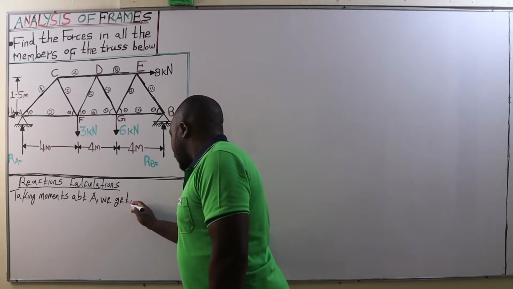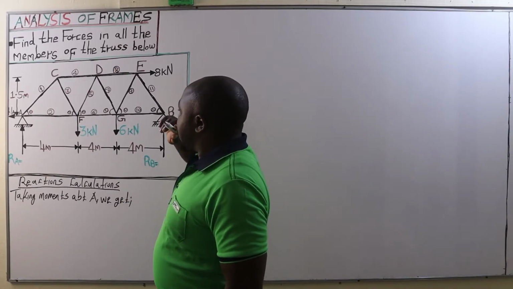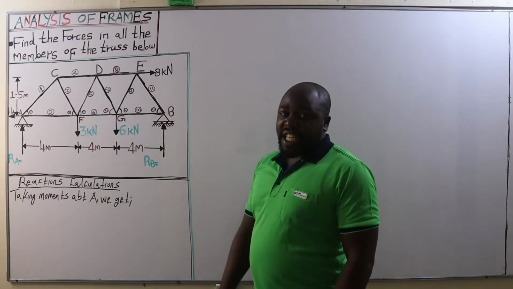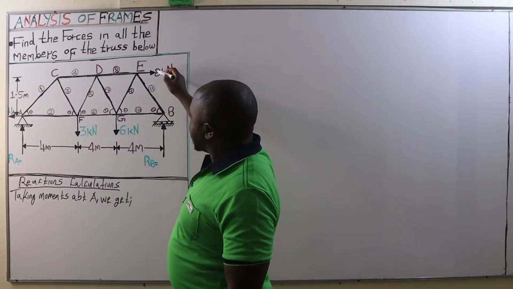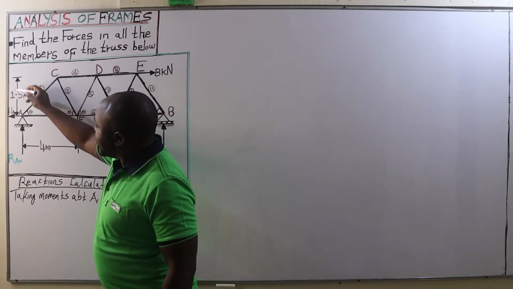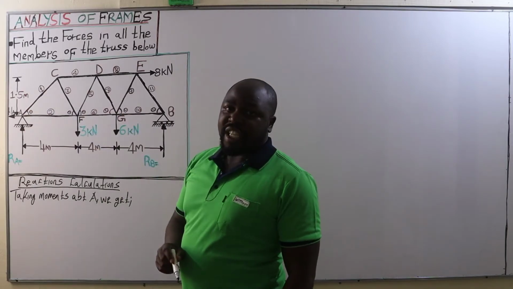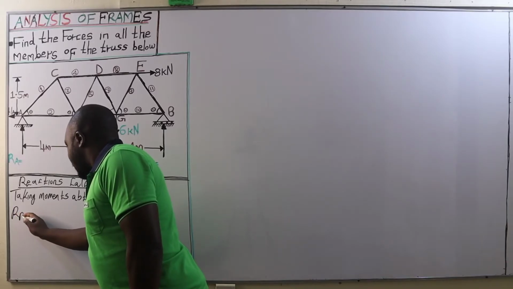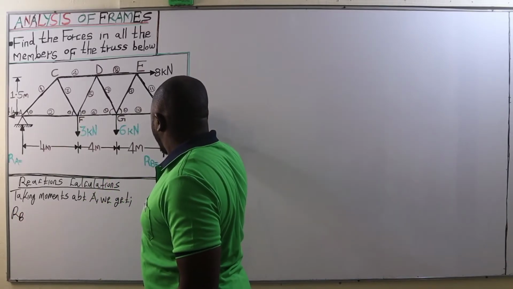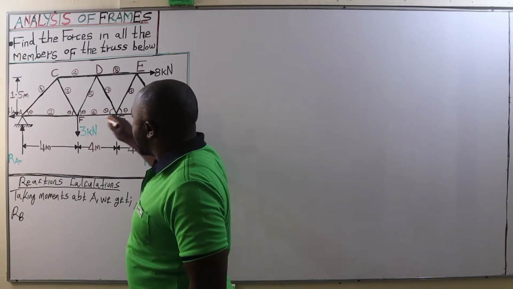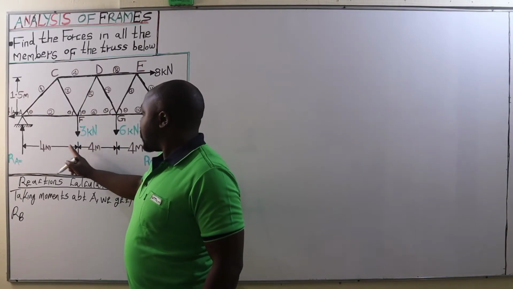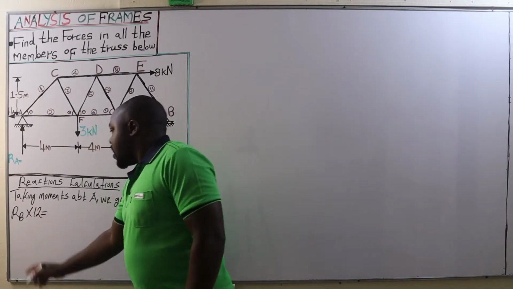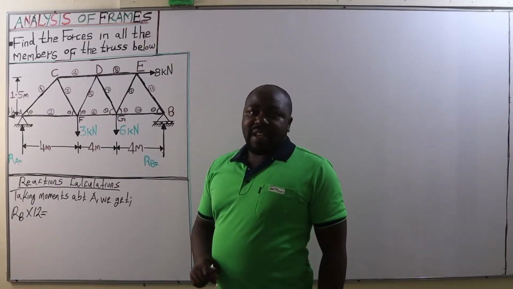We have a horizontal force at joint E, and it is at a distance 1.5 meters from joint A. Therefore we are going to have RB, the reaction at B, multiplied by the distance from B to A, which is 4 times 3, that is 12 meters, and that is an anti-clockwise moment.